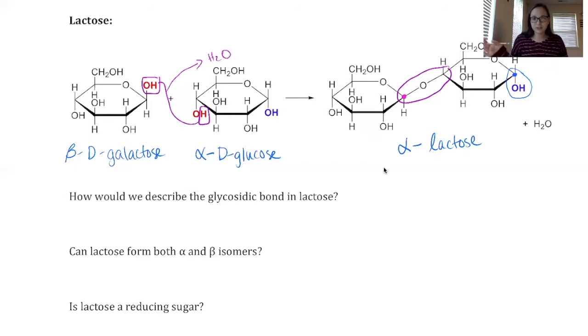And that oxygen is now going up. So this glycosidic bond is going to be a beta glycosidic bond because that carbon 1 position is in the beta isomer. Then we describe the carbon numbers. Again, we have carbon number 1 connected with carbon number 1, 2, 3, 4. So it's a beta 1,4 glycosidic bond.